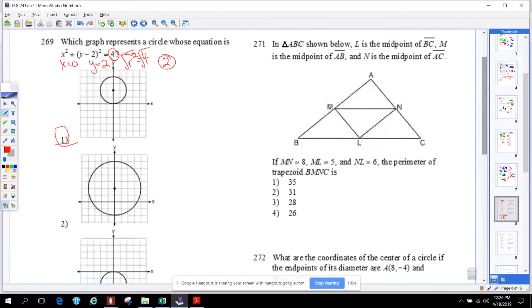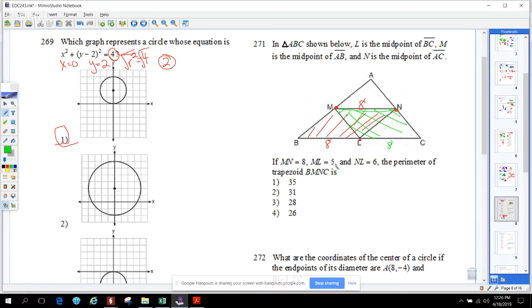This one, midpoint. So we know that these are actually mid segments because these are midpoints. So we know that this is 8, and I taught you to look for the hidden parallelogram. So if this is 8, that means this side has to be 8. And in this green parallelogram, this side is 8, so this side is 8.